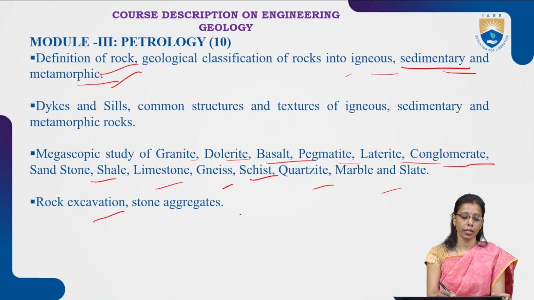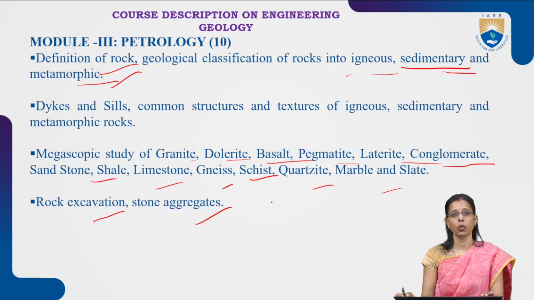And we study rock excavation and stone aggregates. What is rock? How do we excavate the rock? Which type of rock can be excavated easily? And how does the process go on? Stone aggregates means we find out about the stones and different aggregates of stones which are used in construction work. There are different kinds of stones we use for construction work. All this we are going to study in petrology.